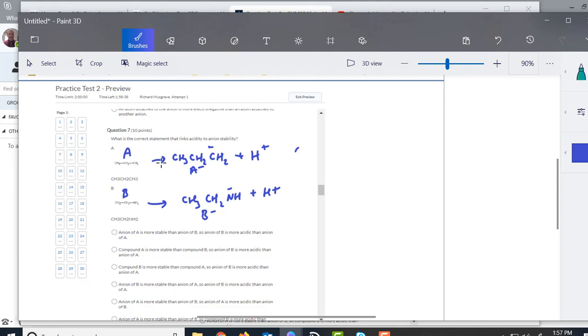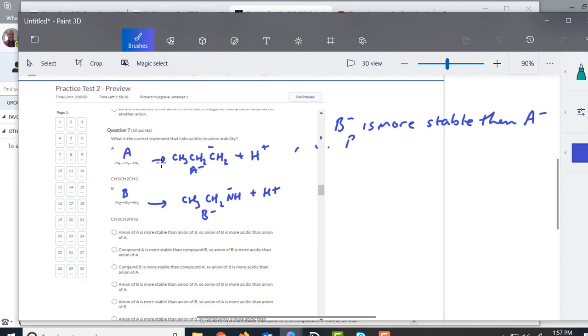And the way it would work would be B minus is more stable than A minus.